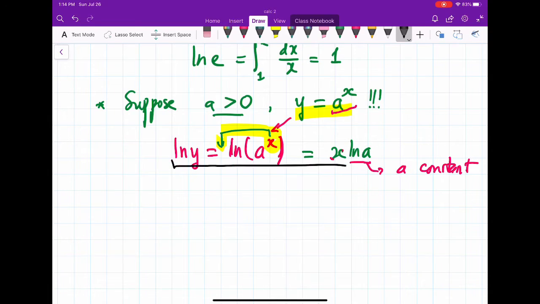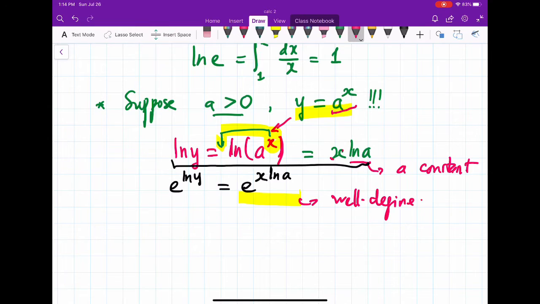From this identity, I will apply the exponential function. So I apply e to ln of y. I will get e to the x ln of a. The right hand side is well defined, right?